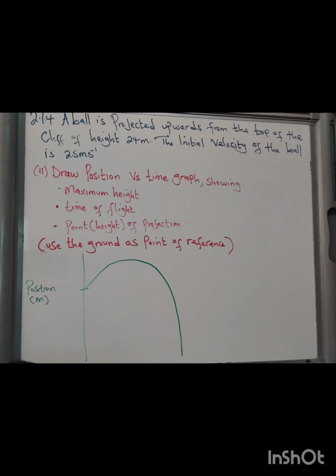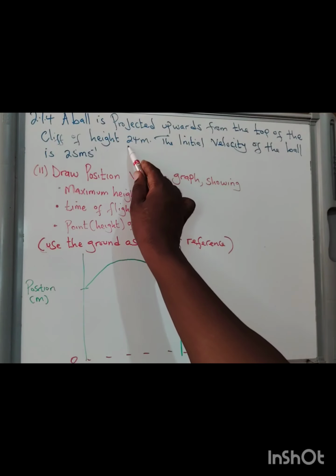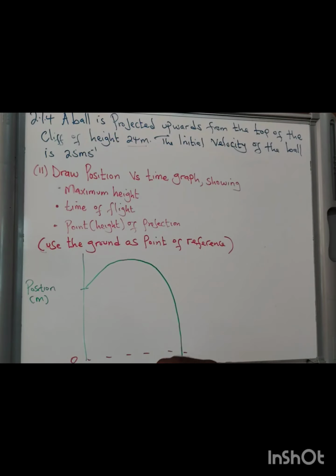But we have to remember something. They say that our ground is the reference. Reference means 0. Okay, so the ball was projected from the cliff, so the difference between the cliff and the ground was given, and that is what we have here as the height of the cliff.